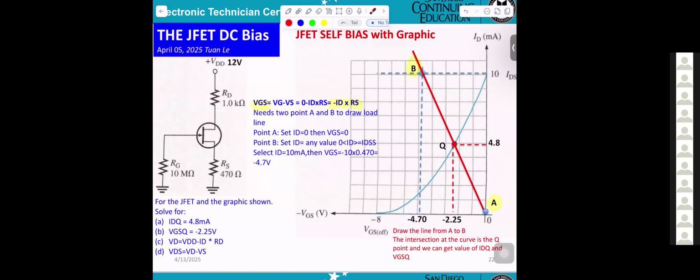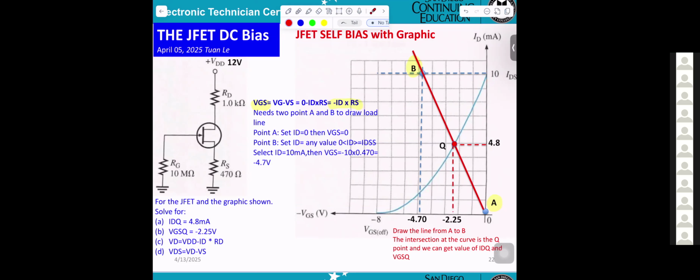So now, okay, let's see. I can pick ID equal 4.8, okay, or 5 milliamp. Okay? In this example, they pick ID equal 10 milliamp.